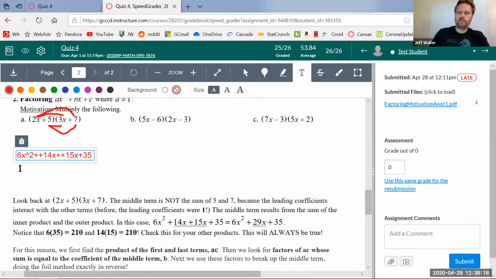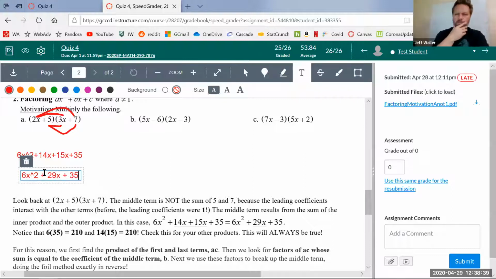So at the end, I get 6x squared plus 29x plus 35, right?